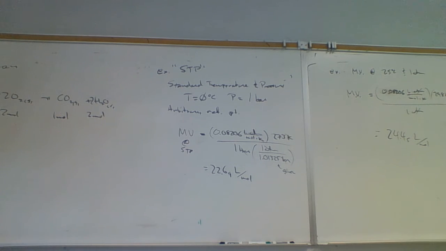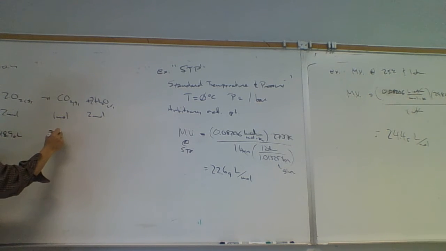And then if we know the molar volume, let's fix the temperature at 25 degrees C and 1 atmosphere. Then 1 mole is equivalent to 24.45 liters, and we double that, so this is going to be 48.90 liters. And this will generate 24.45 liters.